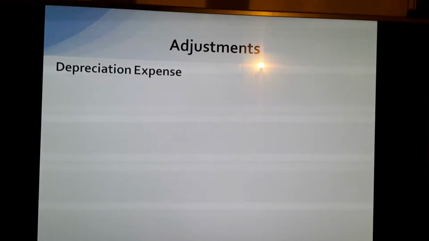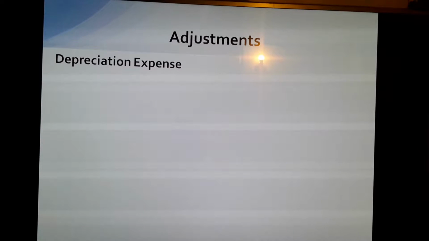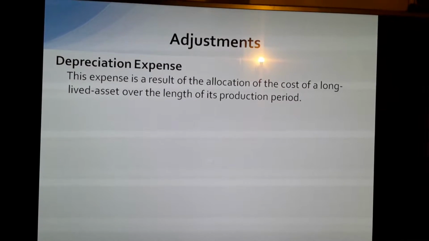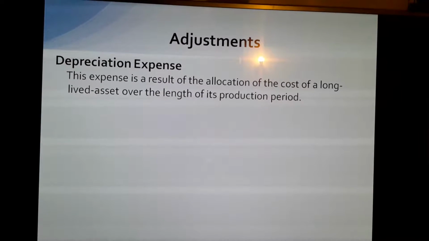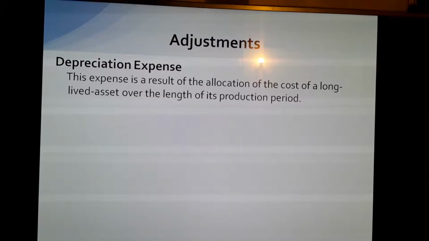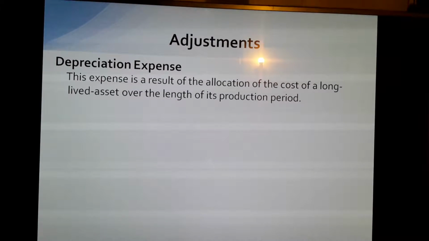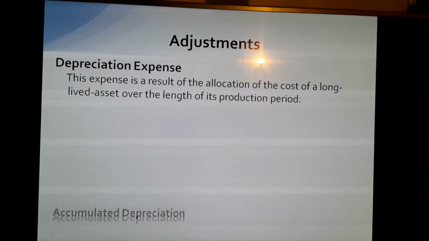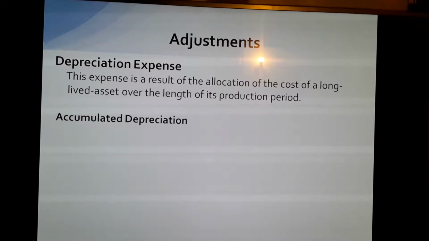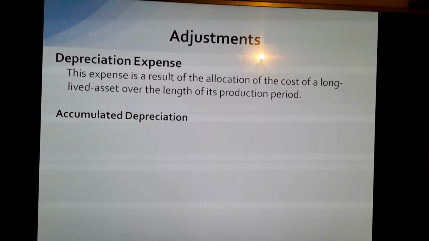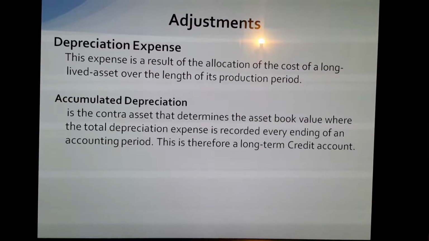Okay, so let's do something with depreciation. We say this expense is a result of the allocation of the cost of a long-lived asset over the length of its production period. We also have accumulated depreciation.